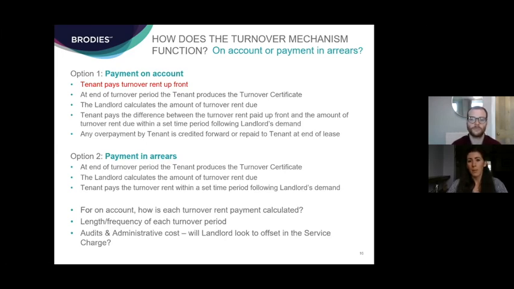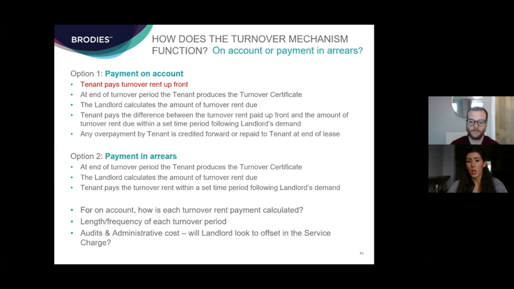Again, this can be another point of contention between the parties. So if this was agreed early on in the negotiations, we would expect to see it in the heads of terms. If not, we would need to take instructions. It does depend, of course, on what the parties agree.